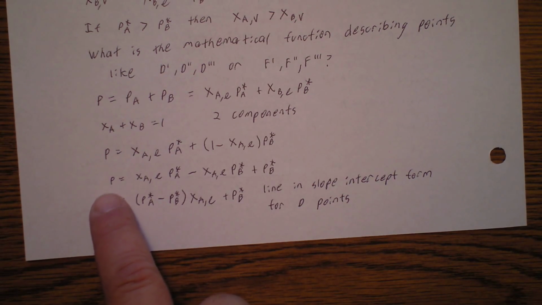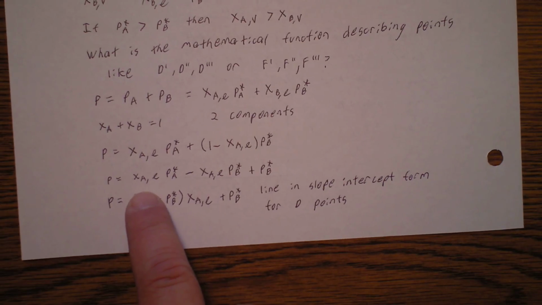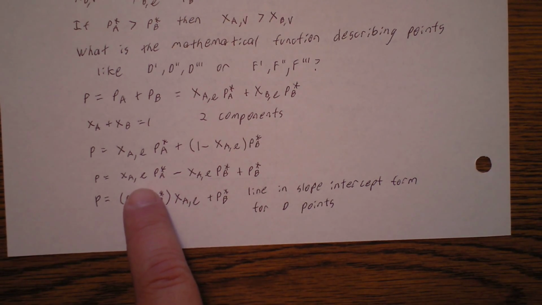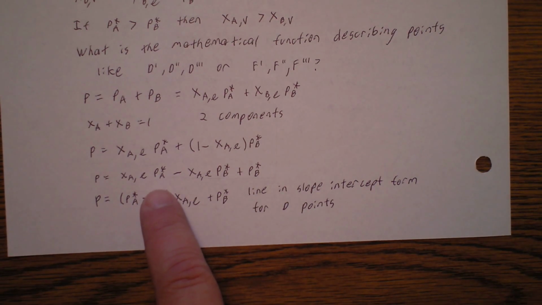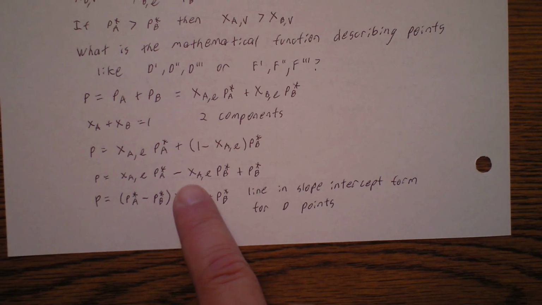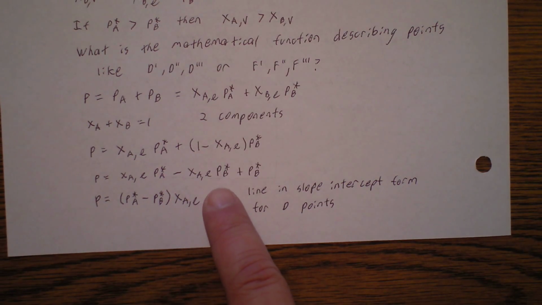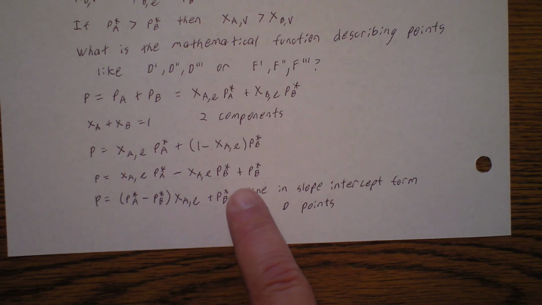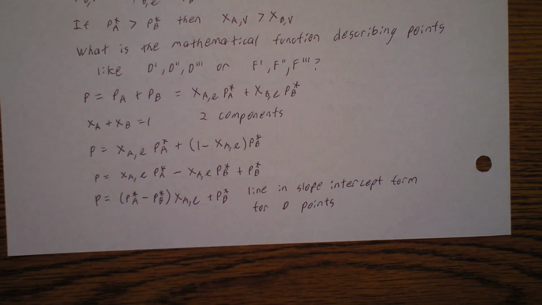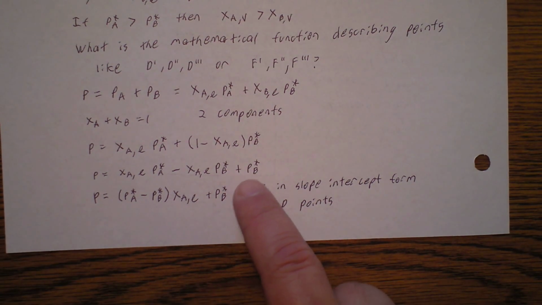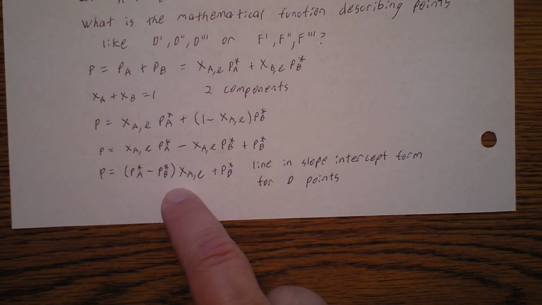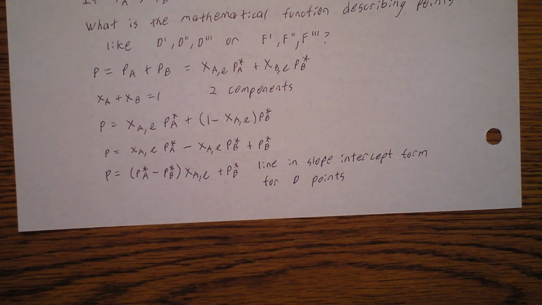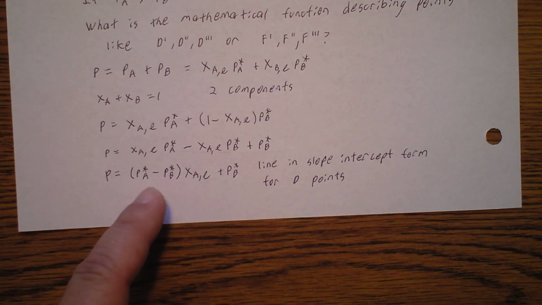So then, just simplifying, doing some distribution, we get the pressure is equal to the mole fraction of A in the liquid phase times the pressure of pure A minus the mole fraction of A in the liquid phase times the pressure of pure B plus the pressure of pure B. So now we want to combine this mole fraction of A in the liquid phase.